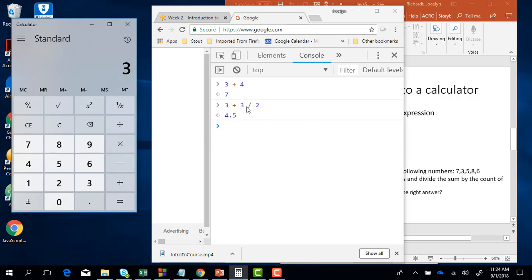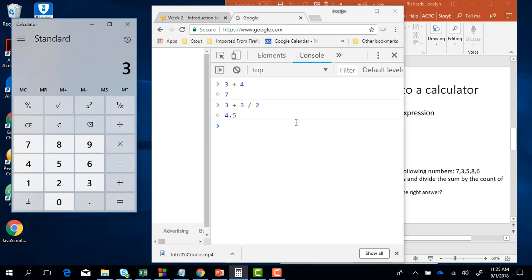What's happening is that in JavaScript there's an order of precedence defined, and that says that all multiplications and divisions must occur before any additions and subtractions. So what's happening is the 3 is being divided by 2, giving us 1.5, and then that 1.5 is being added to 3, giving us the 4.5.